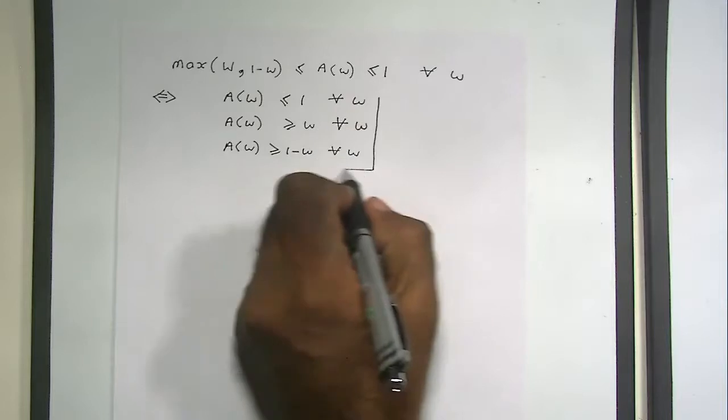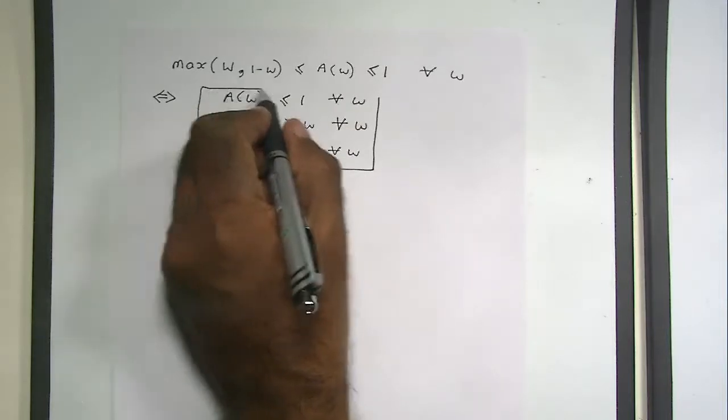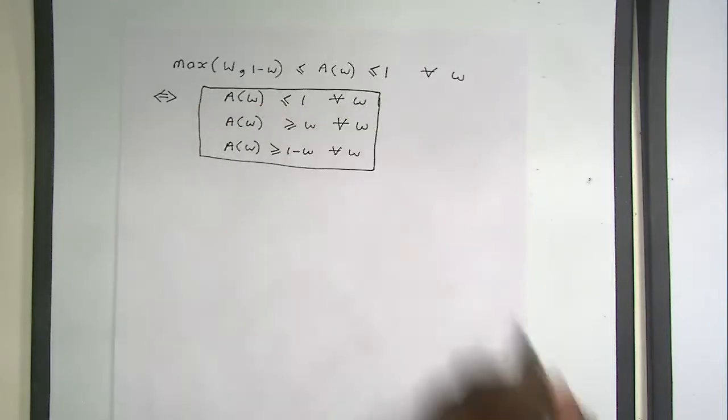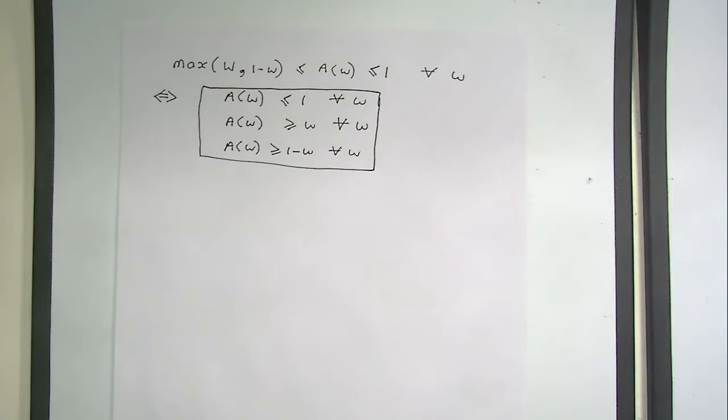You need to check each of these 3 in order to prove that. So we will start with number 1, which is A of omega is less than or equal to 1. Let's see how we can prove that.